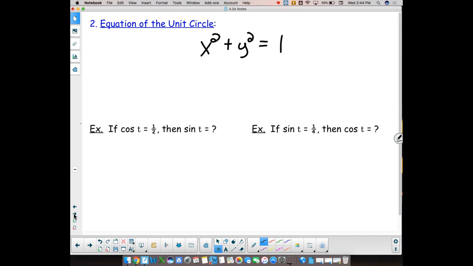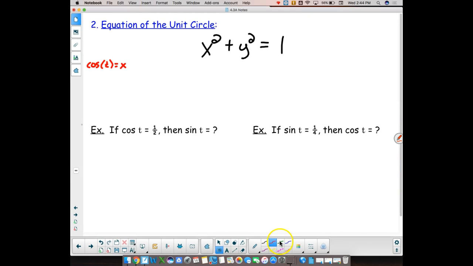But side note, we also just learned that the cosine of t is equal to x. Right? We learned that yesterday. And the sine of t is equal to y. Right?